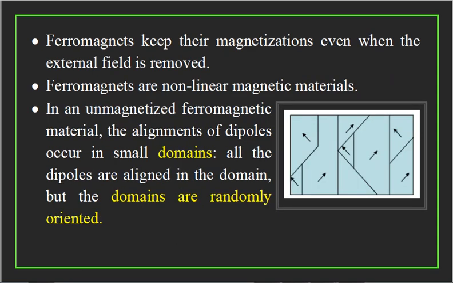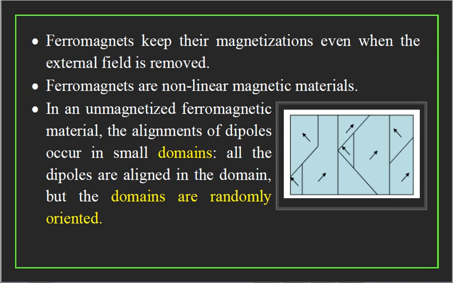Another important difference is that ferromagnetic materials have the ability to keep their magnetism even if the external field is removed. So they can act as permanent magnets. But paramagnetic and diamagnetic materials will lose their magnetism immediately after the external field is removed.